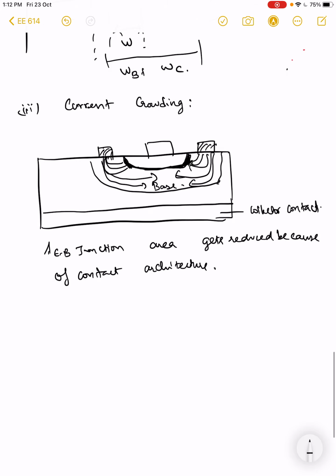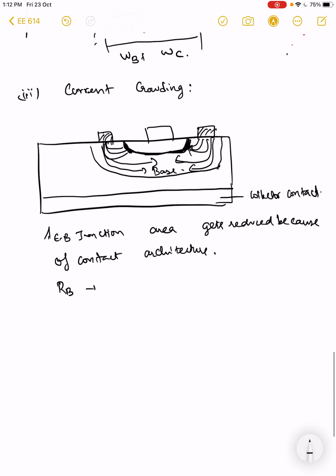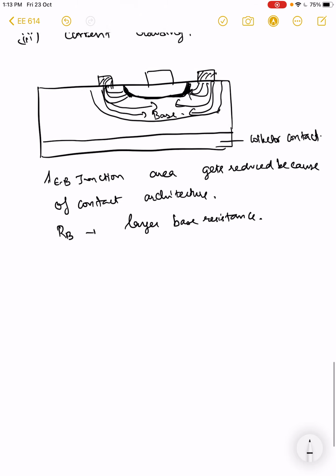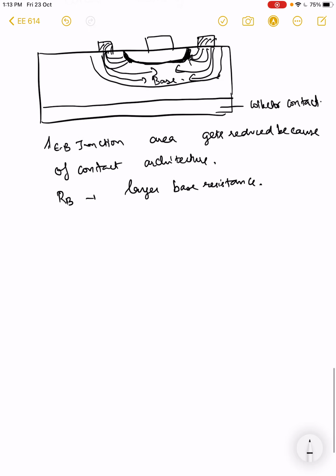So what happens is, your actual base resistance becomes much larger. Right? Because if the cross section area drops, of course, given the same resistivity of the base, you have a much larger resistance. So the potential which falls, your forward bias VBE at the junction is much smaller than VBE at the terminal.